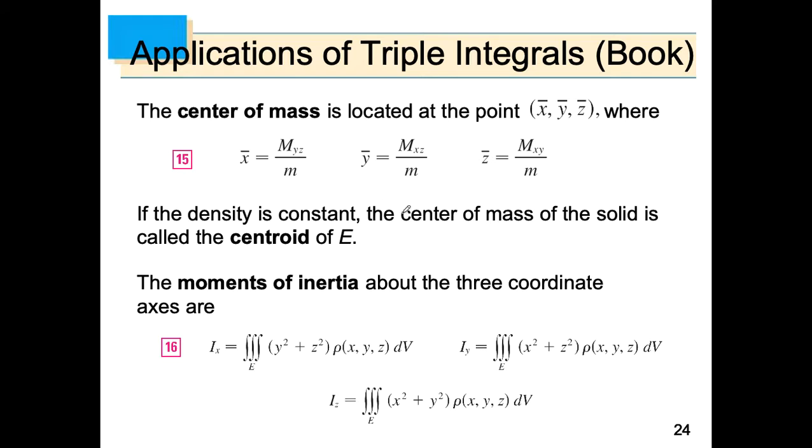Like in the last problem, say the top half was a little bit bigger than the bottom part. Then chances are the center of mass, or the centroid, is going to be a little higher. It's not going to be right down at the origin, and you can use these formulas to figure those out.